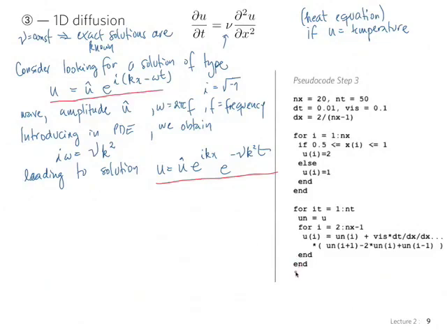So this represents the behavior of a wave in space with wave number k, which is exponentially damped in time with this term. We have exponential damping, exponentially damped in time due to the diffusion coefficient nu.